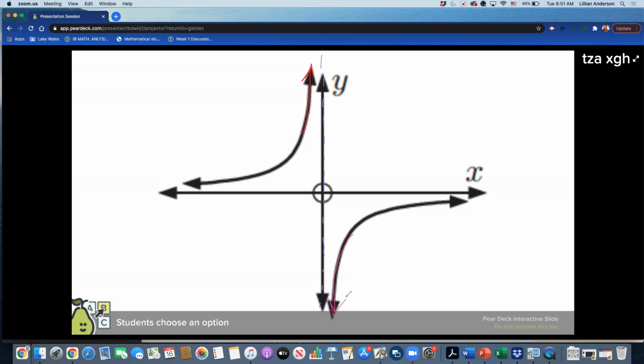What's happening on this side, on the pink side of the graph? On both sides of this vertical asymptote, you say it's not touching, but it's getting what? Close.